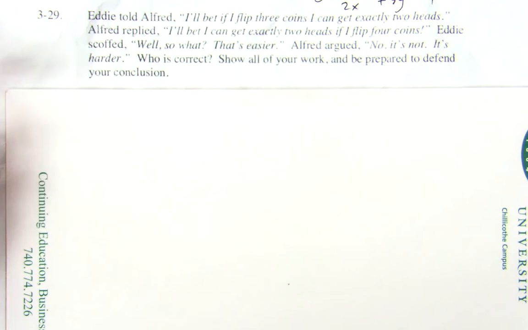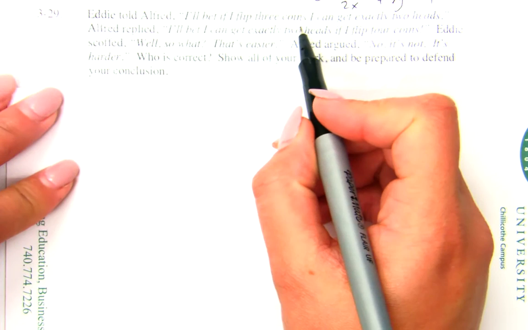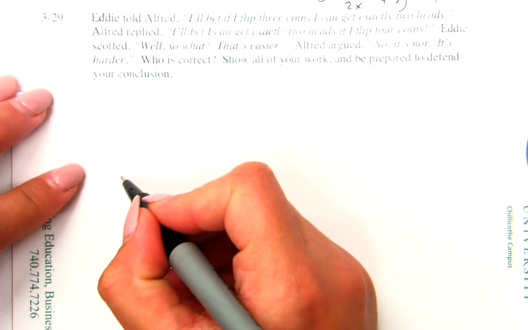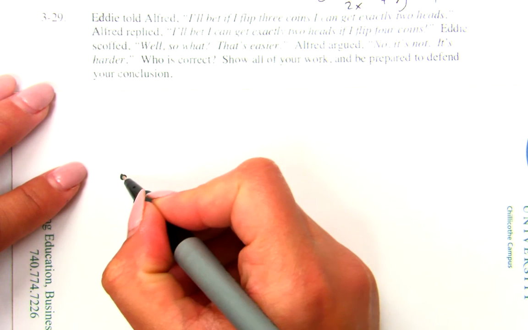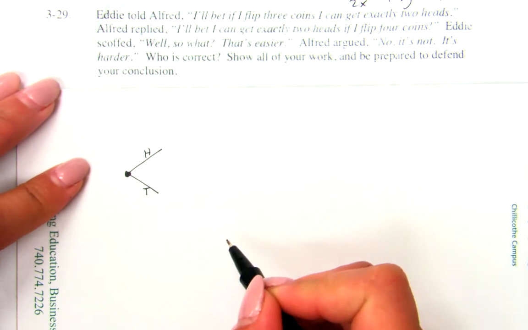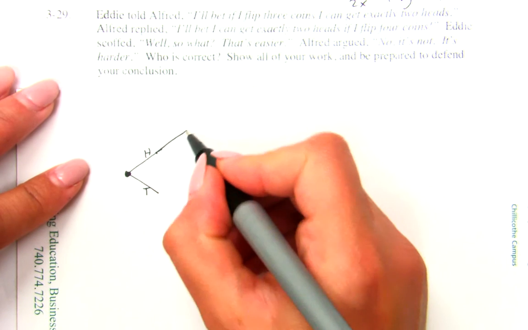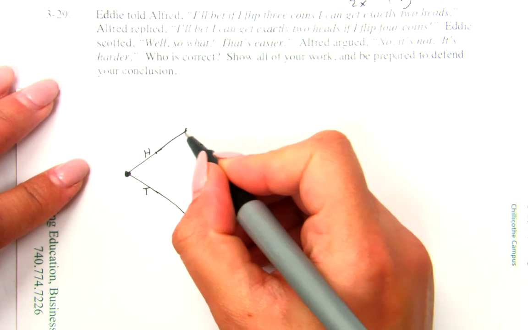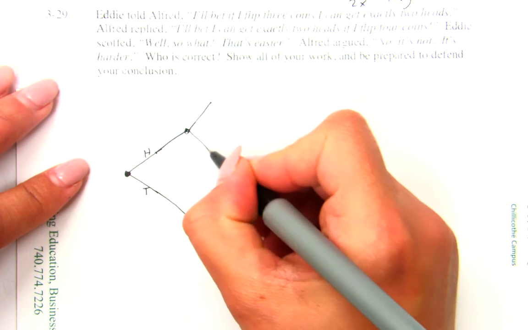Okay, so he has 3 coins, right? So each coin, you're going to take a coin, and then you flip heads or tails. So here's your heads, here's your tails. And then each one of these branches is going to have another flip, heads or tails.